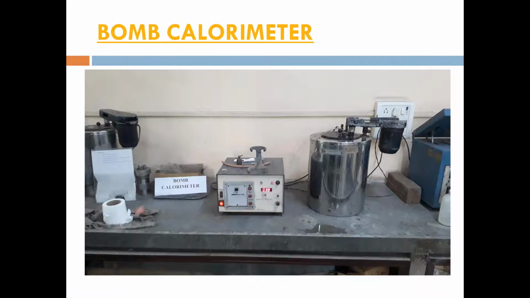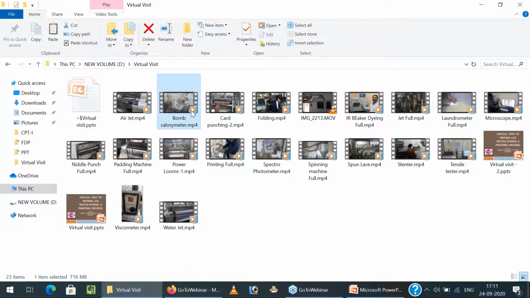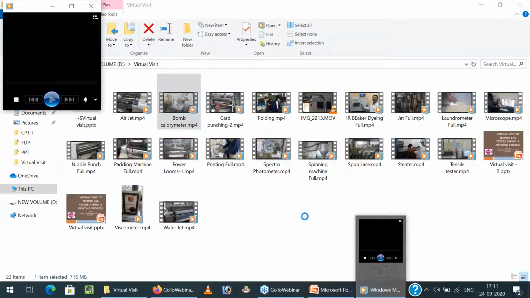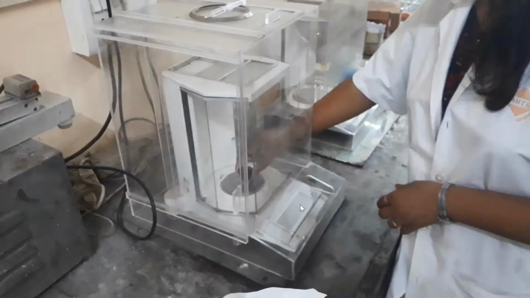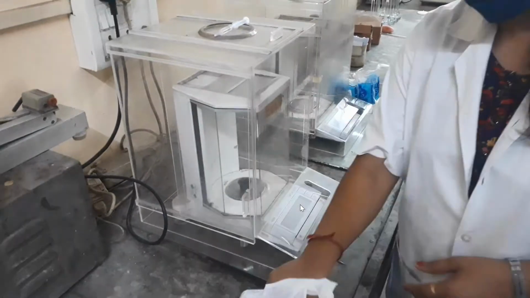For that we are using this bomb calorimeter. In the bomb calorimeter, we take a very well ground sample of coal or lignite.